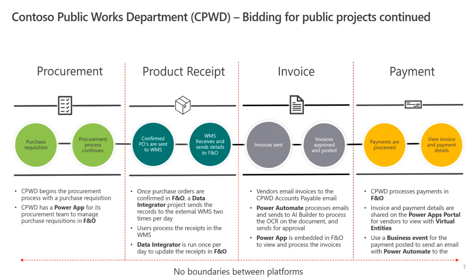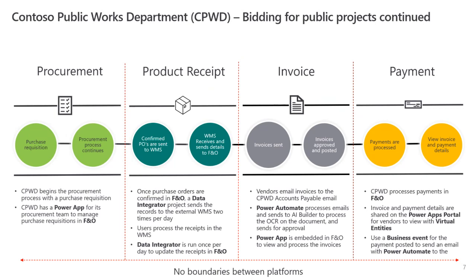Once those purchase orders are received, then we start getting those invoices in from our vendors. For my example, I'm using a Power Automate flow that is triggered by emails being received at a specific email address, and sends those through to a SharePoint library and uses a Canvas app that has been embedded into finance and operations to process that actual invoice.